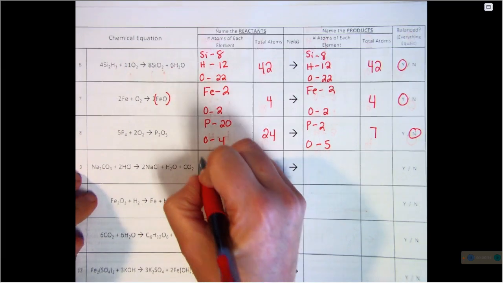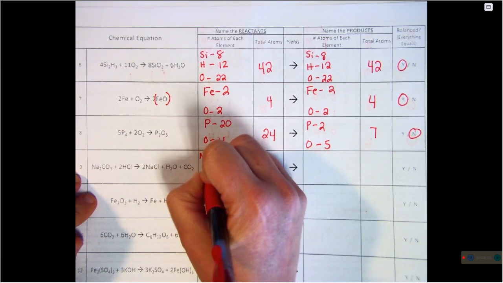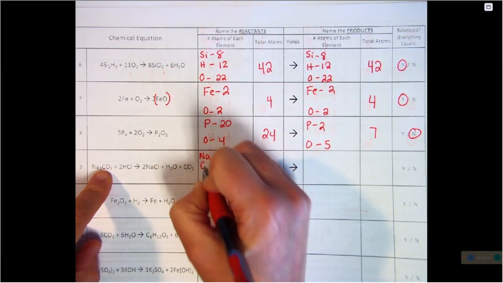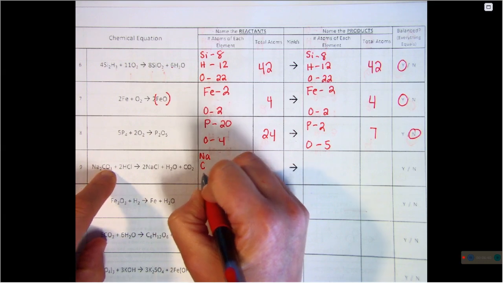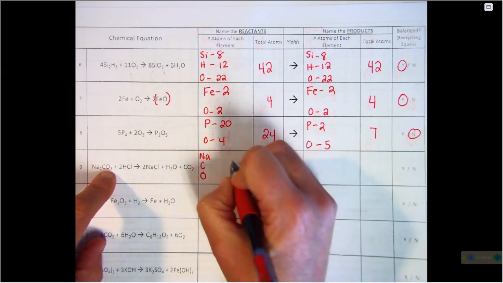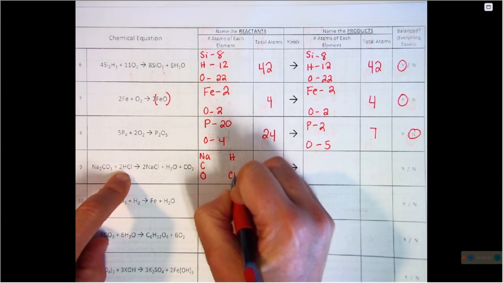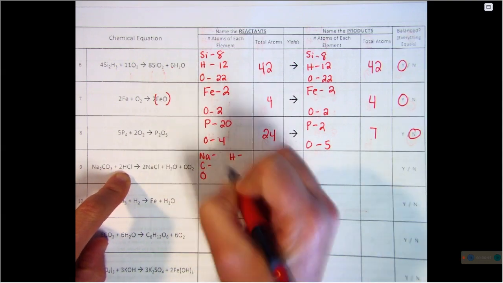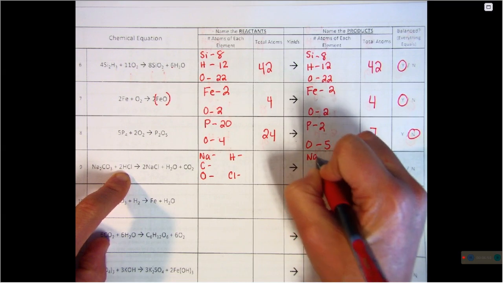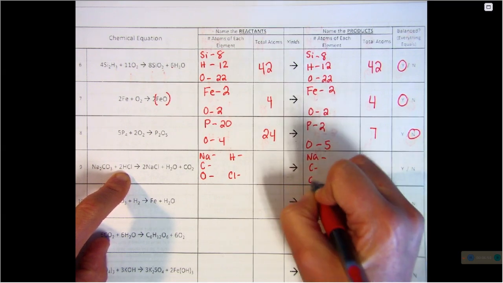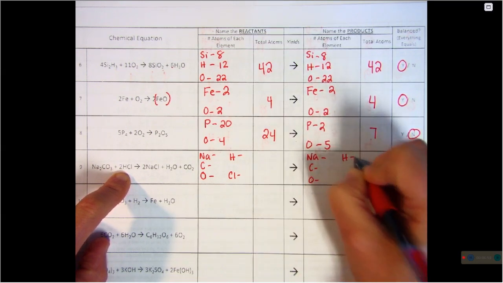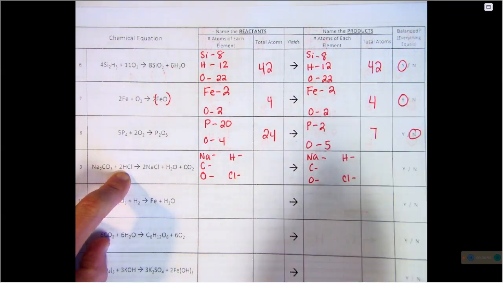All right, here I have sodium, carbon, oxygen, hydrogen and chlorine. Don't get confused about these being separate elements, they're both capital. I'm going to write these separate so I have more room. Write them in the same order: sodium, carbon, oxygen, hydrogen, and chlorine.